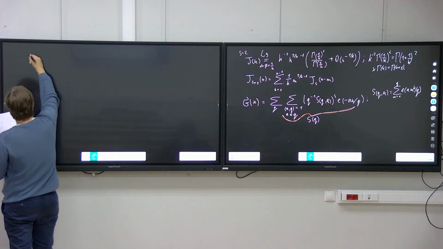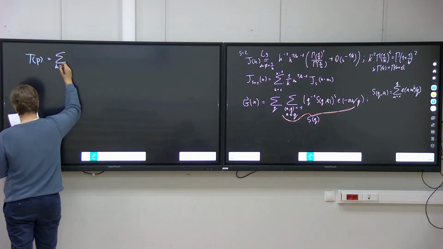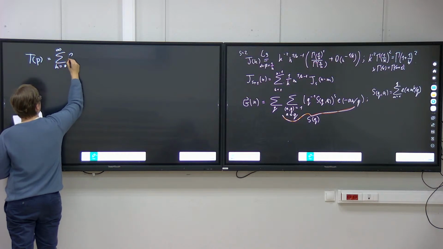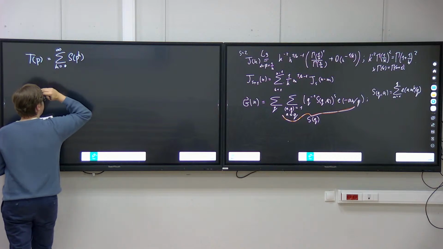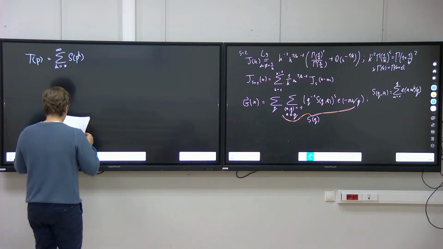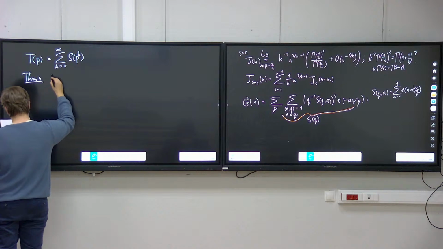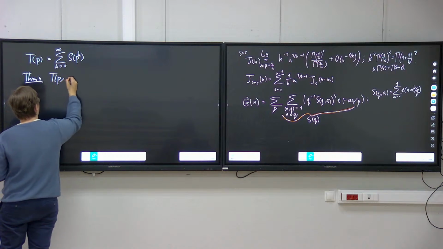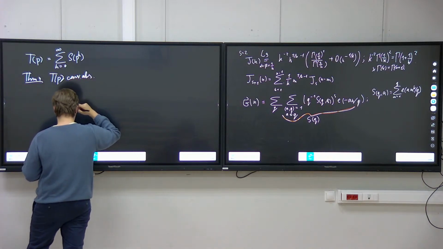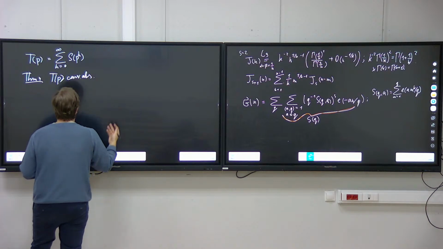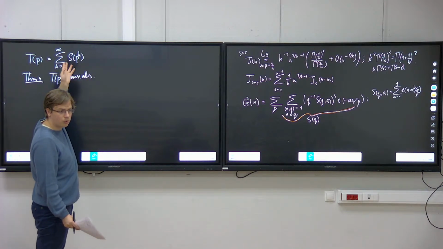Yes, as it is multiplicative, let us denote T of P, the sum over h from 0 to infinity, as P to the power h. Okay, and now we know, it will be Theorem 4, that T of P converges absolutely. Yes, because we know that this sequence converges absolutely over all natural numbers.